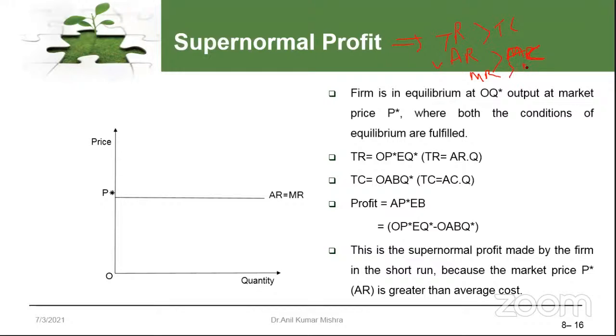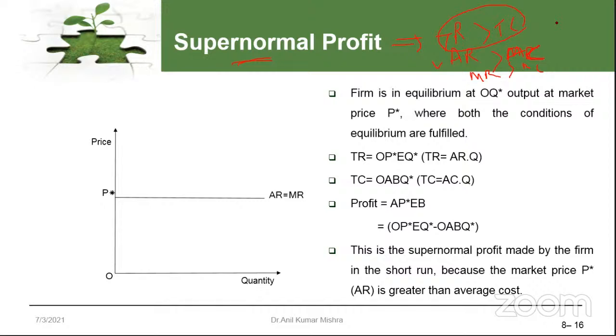These are the general concepts while elaborating supernormal profit. The fundamental concept is that when total revenue is more than total cost, that is profit, and in economics it is called supernormal profit. When TR equals TC, that is called normal profit.